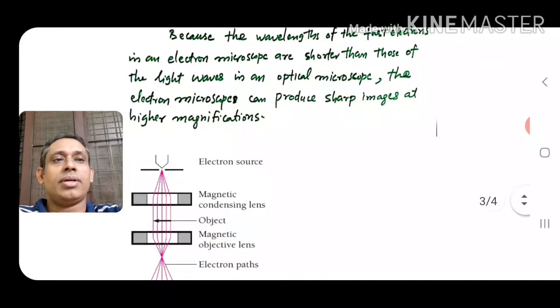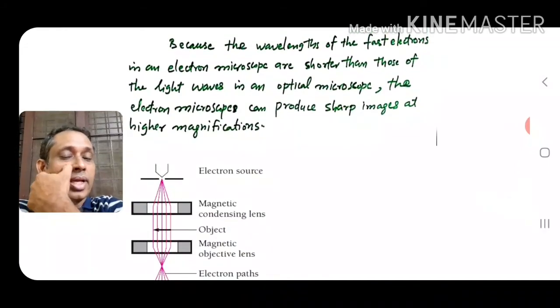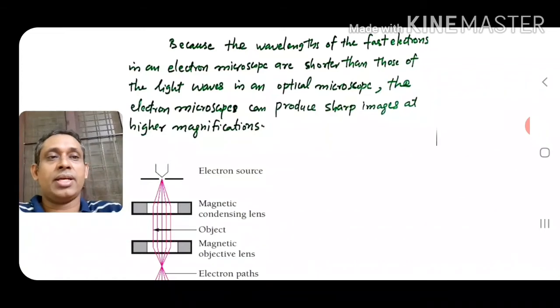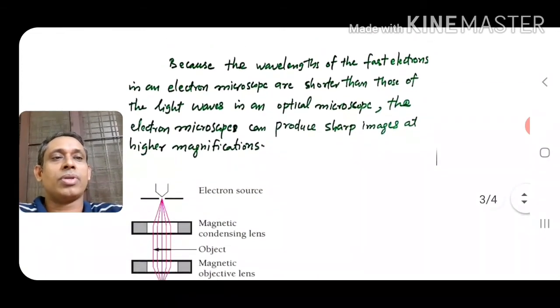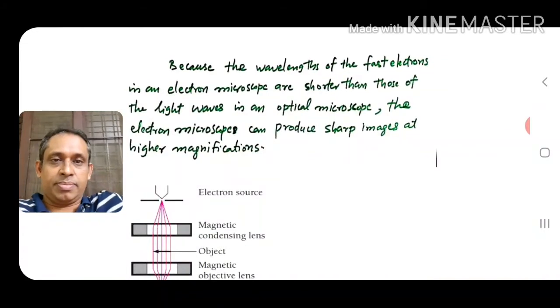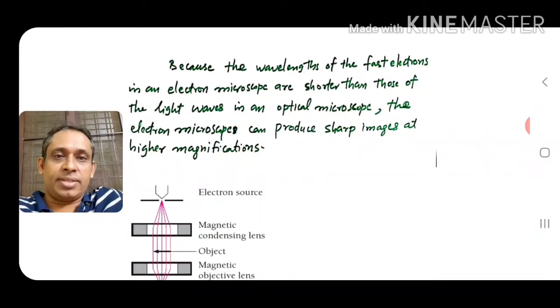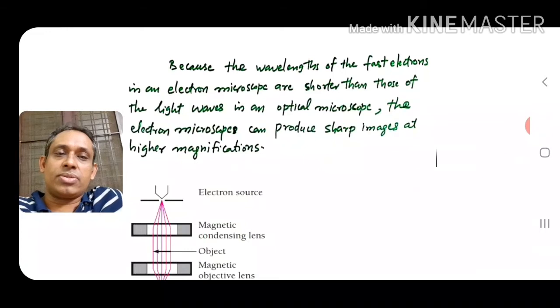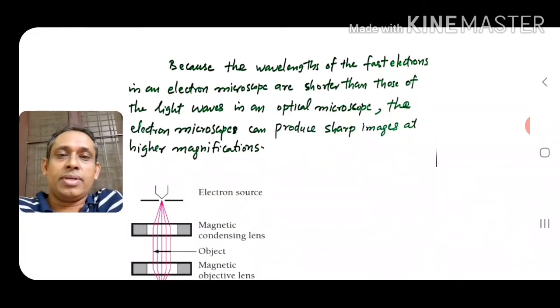The wavelength of the electron can be controlled by varying the voltage. So an electron microscope can produce sharp images with a very high resolution at a higher magnification. This is the basic idea regarding the electron microscope.